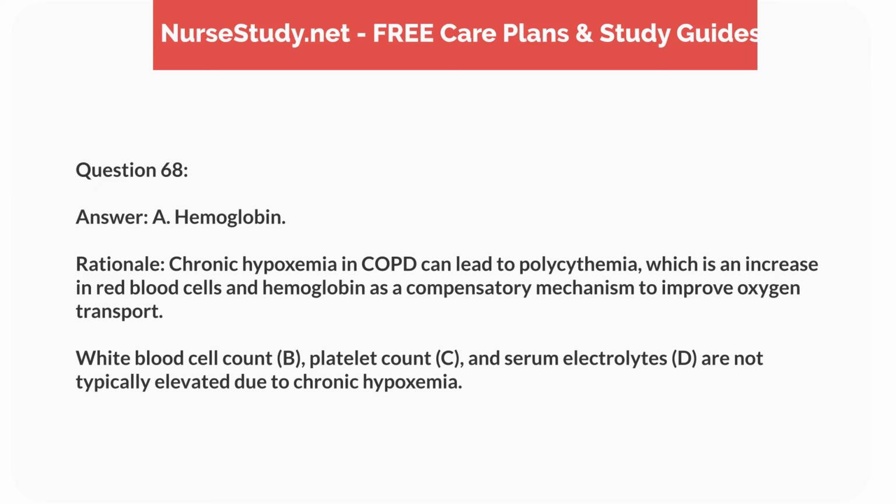Answer: A. Hemoglobin. Rationale: chronic hypoxemia in COPD can lead to polycythemia, which is an increase in red blood cells and hemoglobin as a compensatory mechanism to improve oxygen transport. White blood cell count, B, platelet count, C, and serum electrolytes, D, are not typically elevated due to chronic hypoxemia.